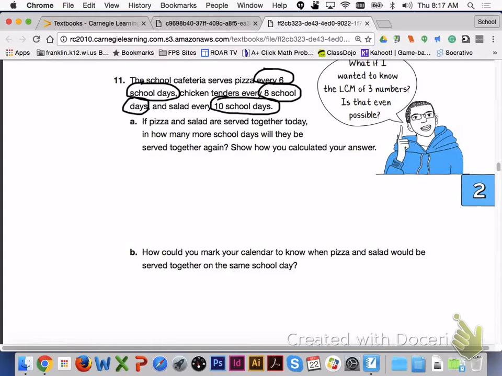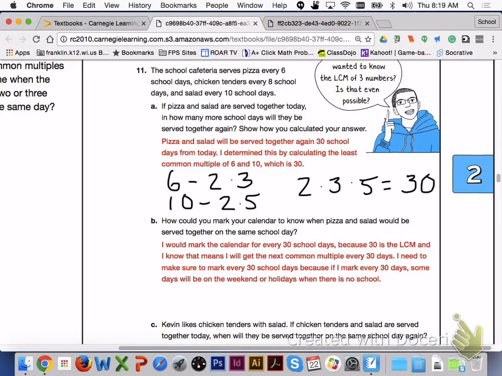Turn to page 65 and let's take a look at number 11. Answer letters A through D with your group members. For number 11, letter A, first I need to determine the unique prime factors for 6 and 10. For 6, I would have 2 times 3, and for 10, I would have 2 times 5. Then I am going to determine what the greatest power is for each of those prime factors.